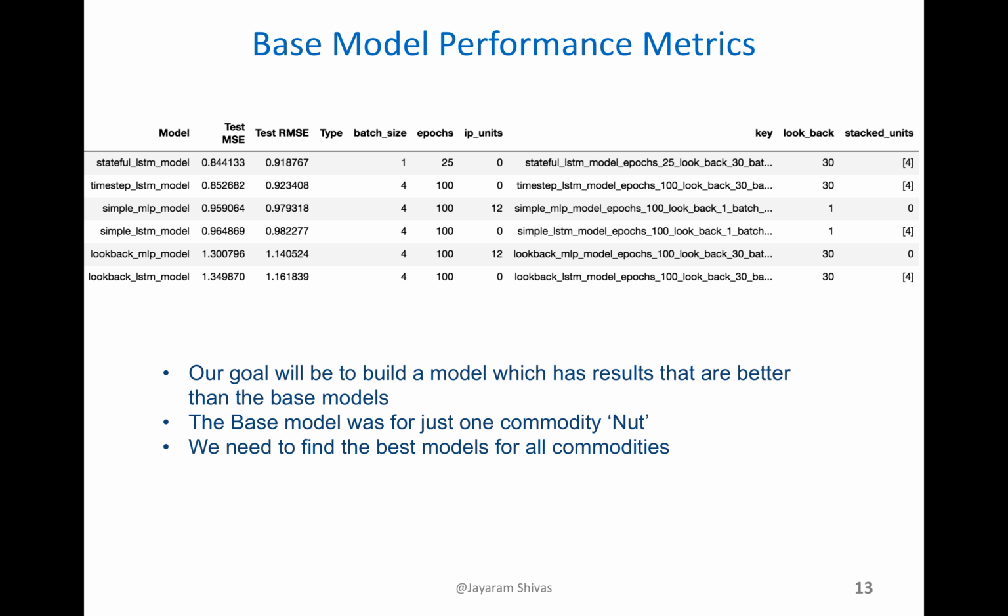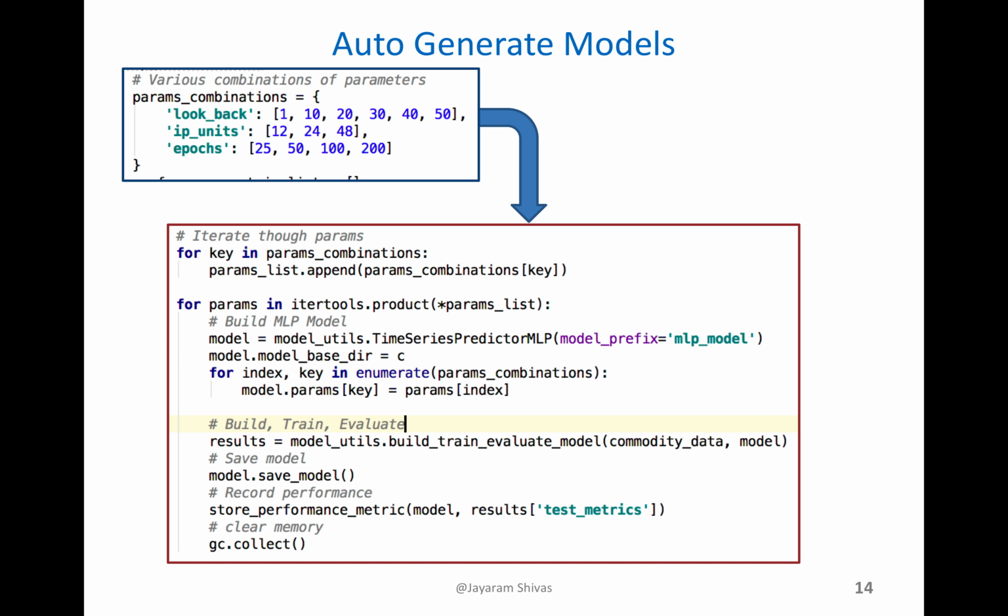Now these base models were for just one of the commodities, which was nut, but we need to find models for all commodities. And as I mentioned earlier, you cannot use the same model for every commodity because the data set patterns for each commodity are way different, so we need to find the right model for each commodity. The way this auto generator tool works is you can send in a bunch of parameters. It's kind of like a grid search you would do using scikit-learn, but here even the model gets built dynamically.